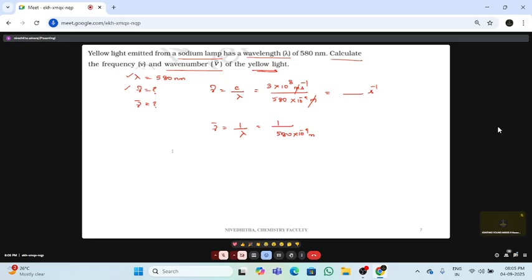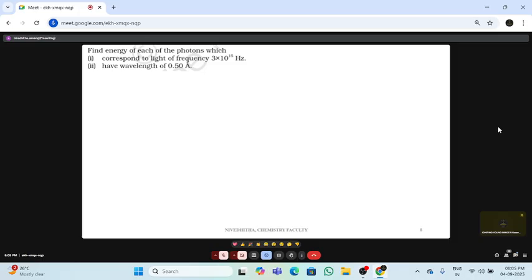Next, one more question. Find the energy of each of the photons which corresponds to light of frequency 3 into 10 power 15 hertz.